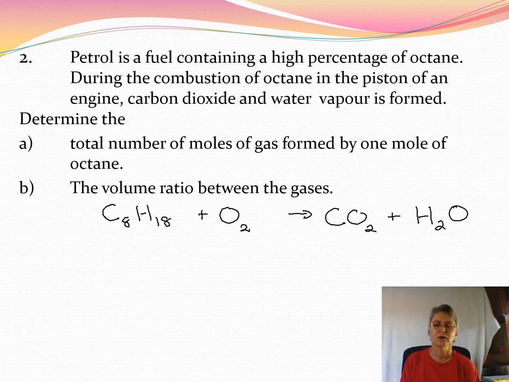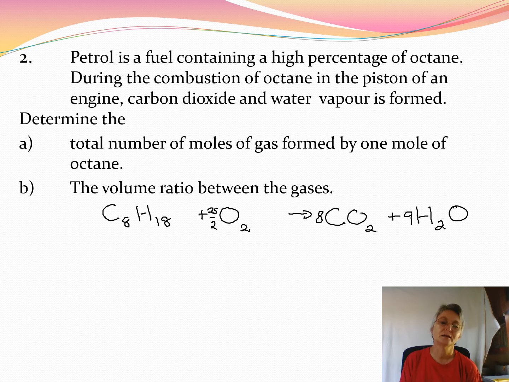Let's balance the equation. It seems like we need 8 carbons and we need 9 oxygens. Now, 18 hydrogens. So, oxygens here, I've got 16 plus 9, that's 25. I need to do my little mathematical trick here. 25 over 2 times 2 will be 25.